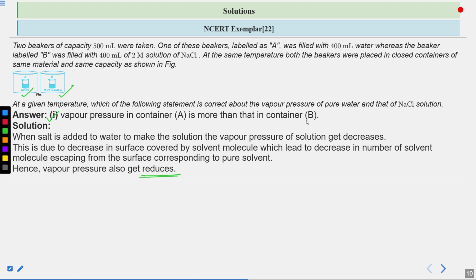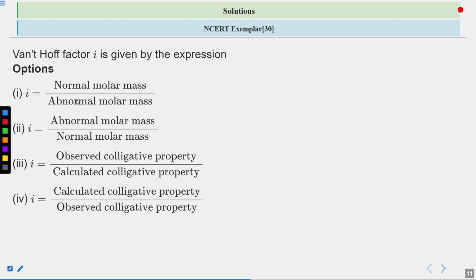Okay, now let's move on to the next one. This question asks that the van't Hoff factor, which is i, is given by the expression. So you simply have to tell the formula by which we describe the van't Hoff factor represented by i.